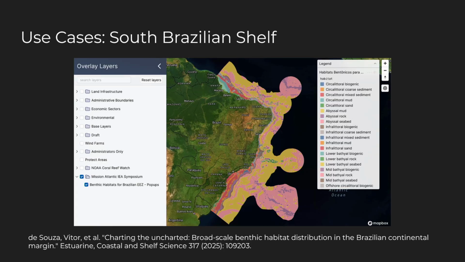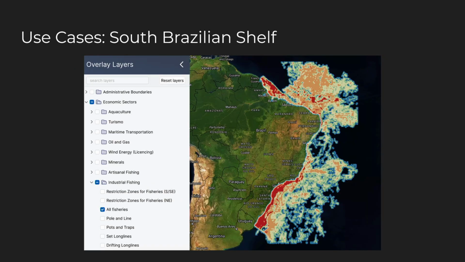As an example, we can look at the Brazilian benthic habitats data set created by D'Souza et al. earlier this year. I encourage you to go on to the CSketch Brazil project and explore that a little further. It's a really cool data set. Some more examples.